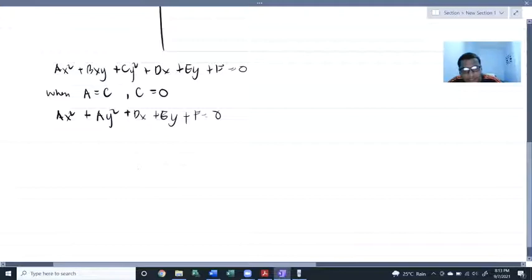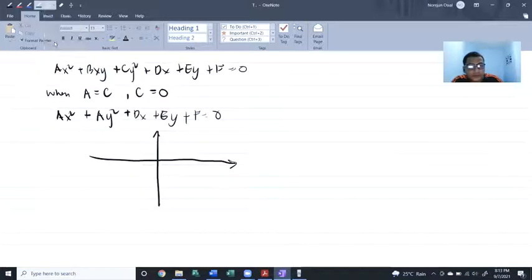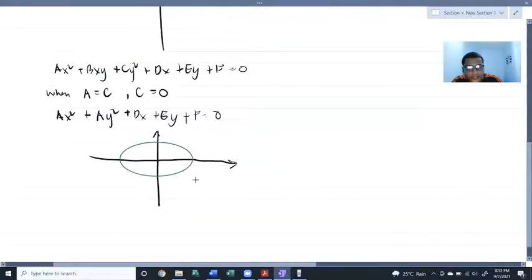So ellipse, class, let's graph an ellipse. Let's say ganito class yung ellipse. Then an ellipse has a certain eccentricity. We will discuss all about eccentricity when we go to the next chapter.